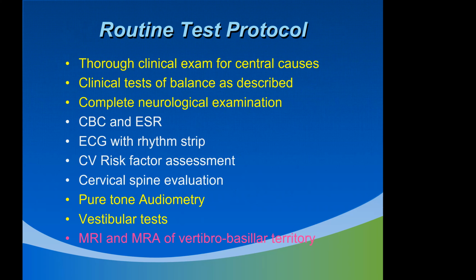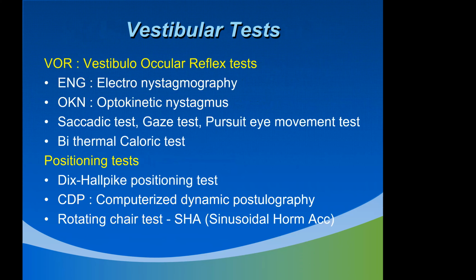MRI and MRA of the vertebrovascular territory depending on your conclusion. If you feel the brainstem or the CNS is involved, then you may require an MRI and MRA and the vertebrovascular territory you need to evaluate. Otherwise, routinely, MRI and MRA are not indicated.